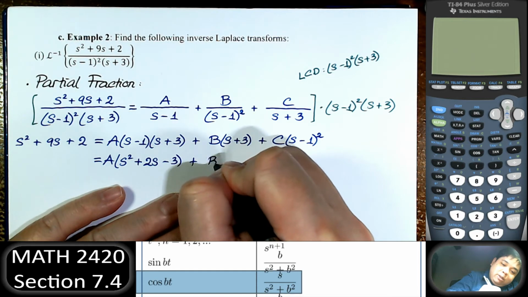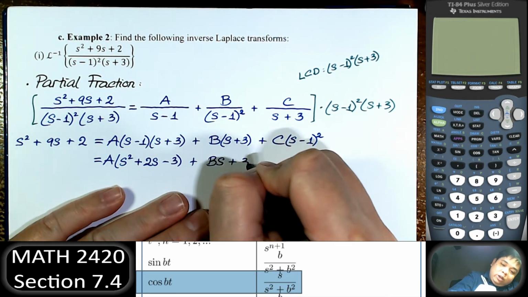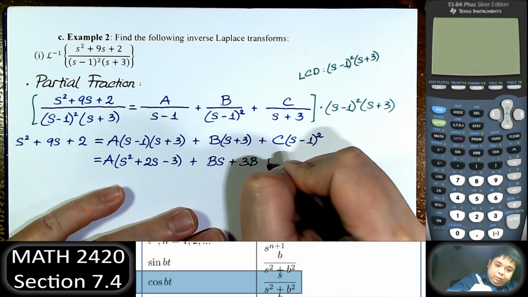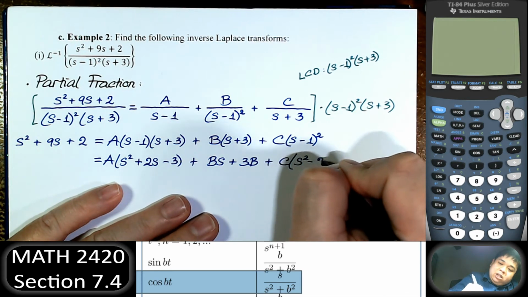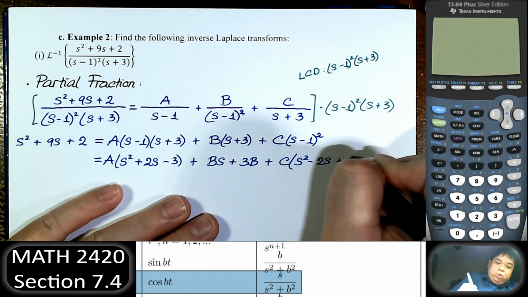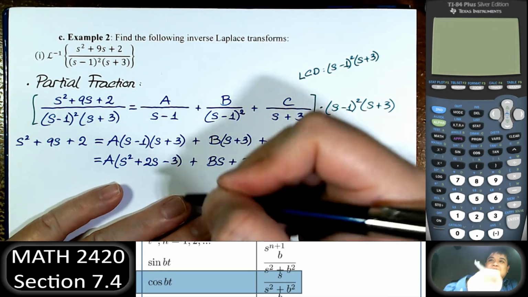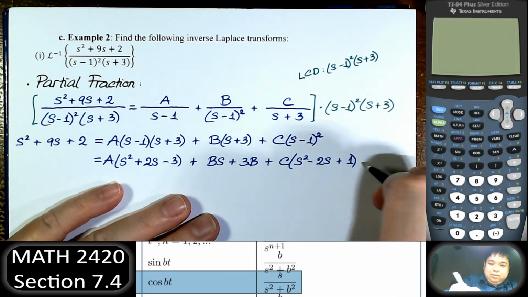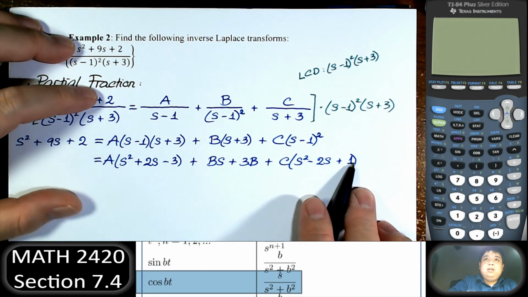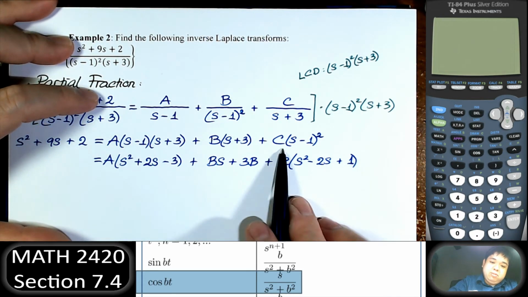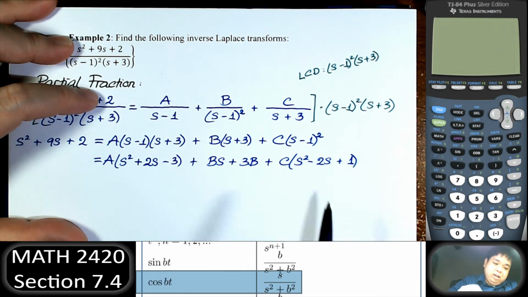Multiply this out: Bs plus 3B. Then (s minus 1) squared is s squared minus 2s plus 1. Of course, we did the completing the square, so this is just the reverse of that. s minus 1 times s minus 1 is this.